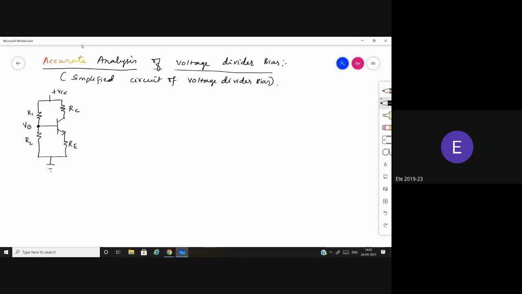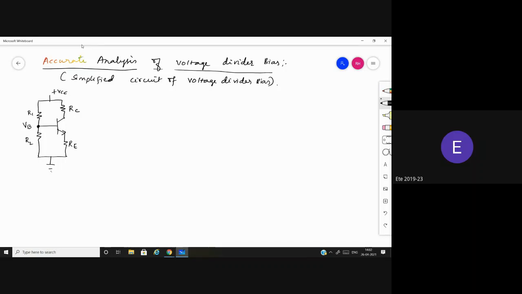We'll have some standard values like 10K, 15K, 20K, 30K, 50K, like that. So if you have this kind of voltage divider circuit, then we can tune them properly such that it is going to maintain the voltage constant at this particular point. That is the main idea here.